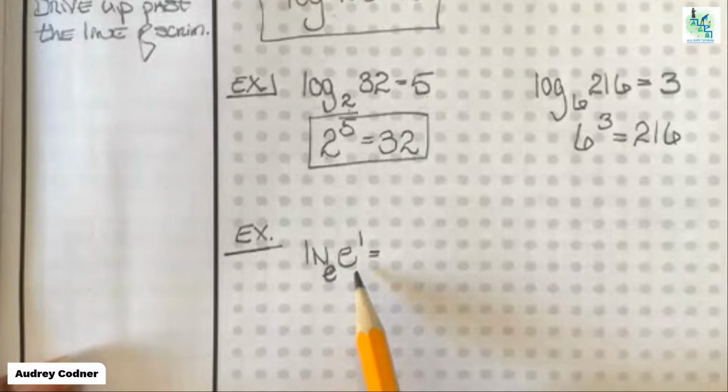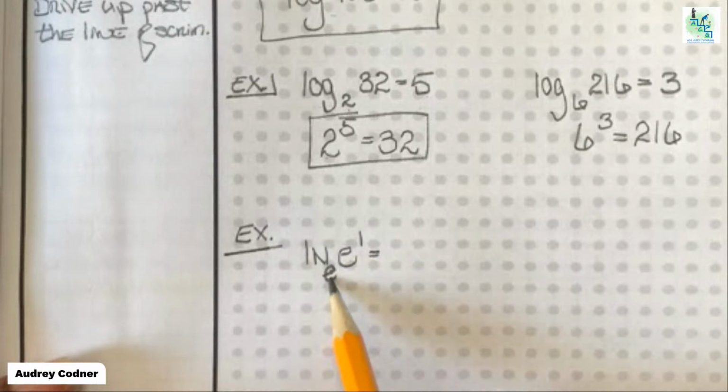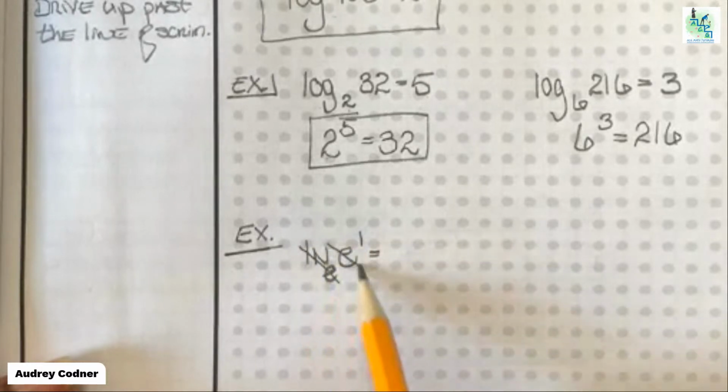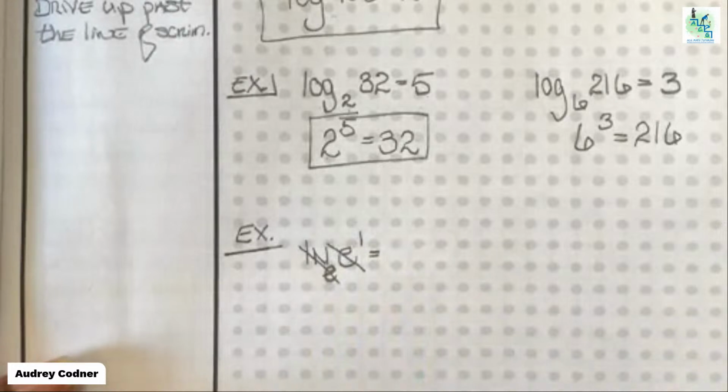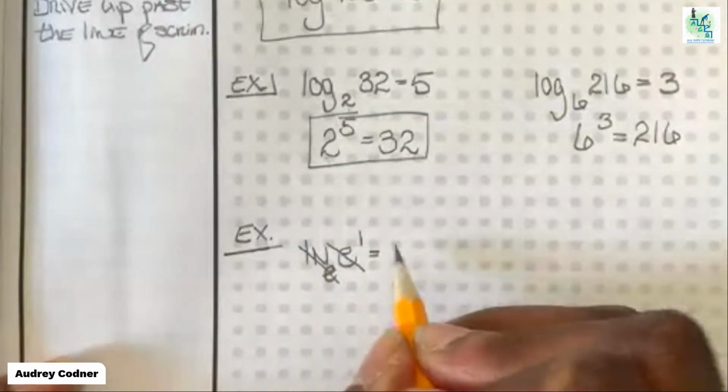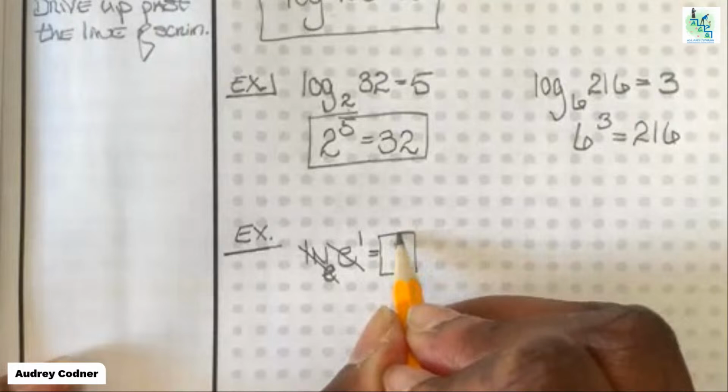This result has a base of e. Anytime you have 2 of the same bases, they basically cancel each other out. And then what's left is your 1. Okay?